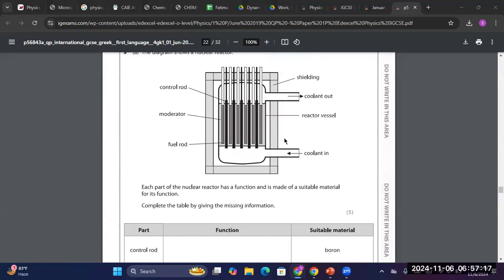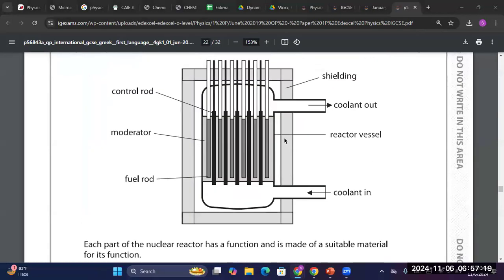So over here, let's discuss the structure of a nuclear reactor. When we are talking about the structure of a nuclear reactor, we have in front of us a few parts.